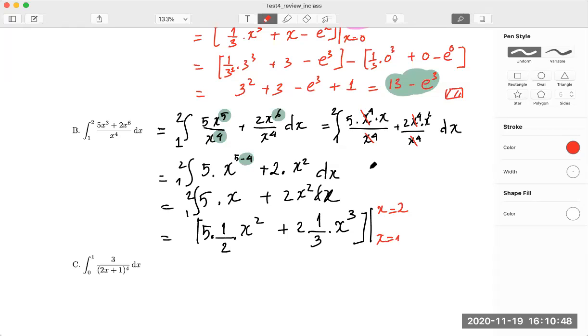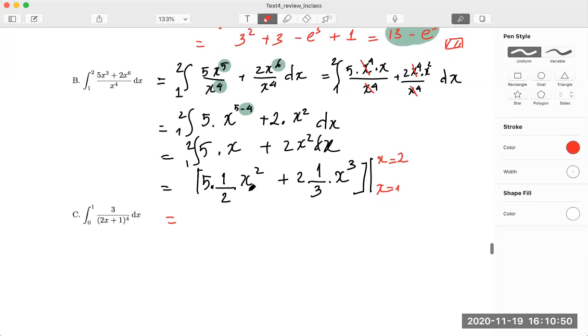Then what do we have here? It would be 5 times 1/2. Yes, 5 times 1 half gives us 5 over 2, right? Then here it will be 2 squared, very good, plus 2 over 3 times 2 cubed.